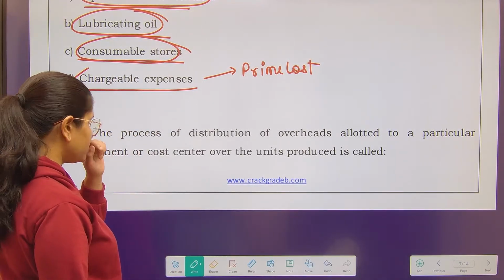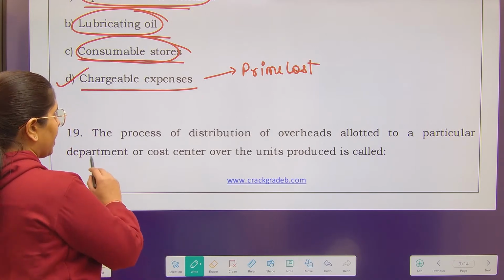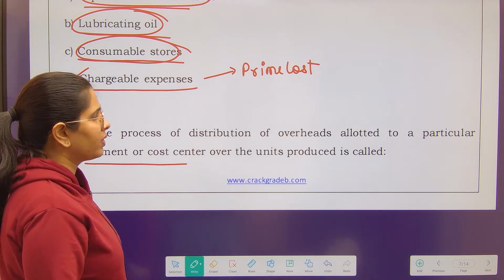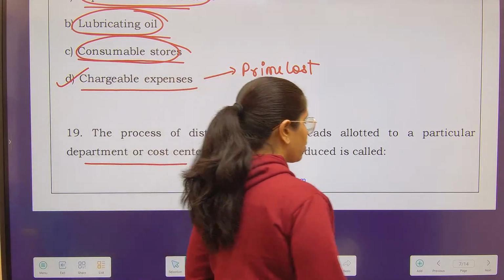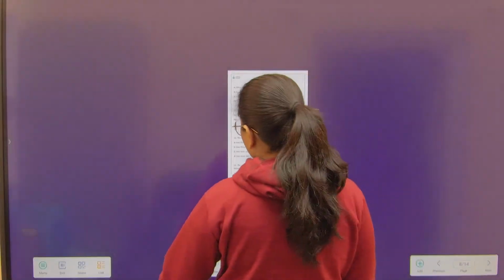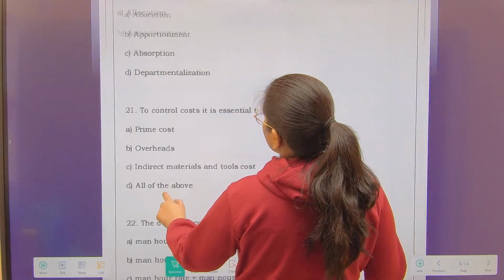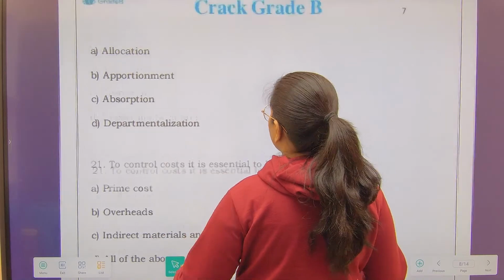Next, the process of distribution of overheads allotted to a particular department or cost center over the units produced is called. The process of distribution of overheads, what is that particular thing called? Allocation, apportionment, absorption, departmentalization.